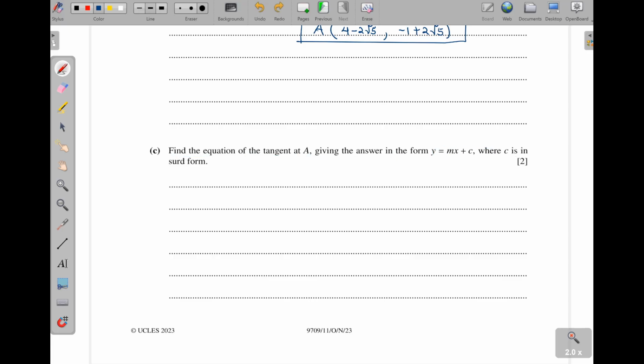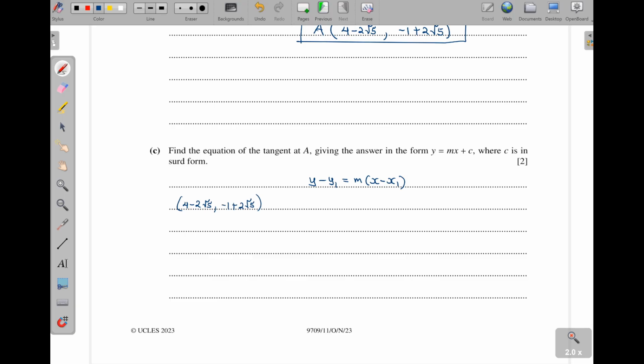Of course, you know that the gradient is 1. So y minus y1 is equal to m into x minus x1. Now we are going to have our coordinates of A here, 4 minus 2 root of 5, then negative 1 plus 2 root of 5.